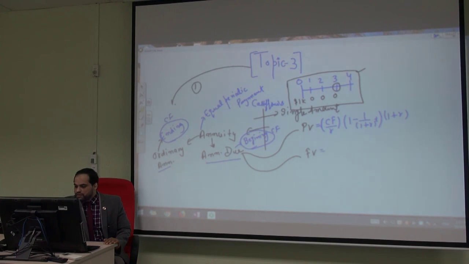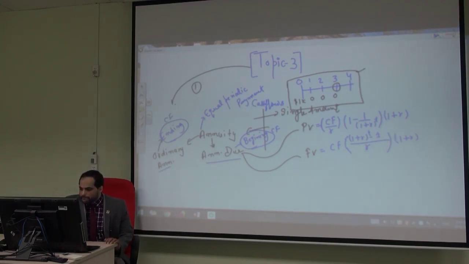And future value is also multiplied by 1 plus R, as it's a future value.